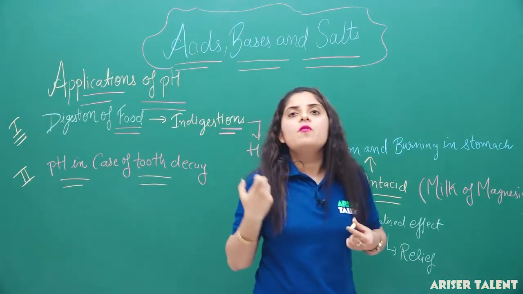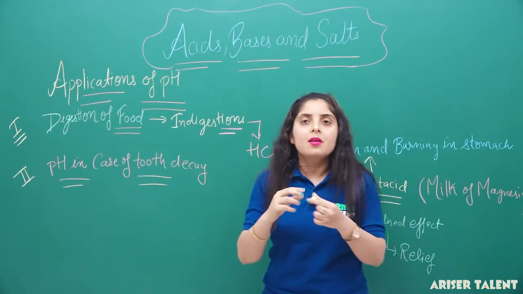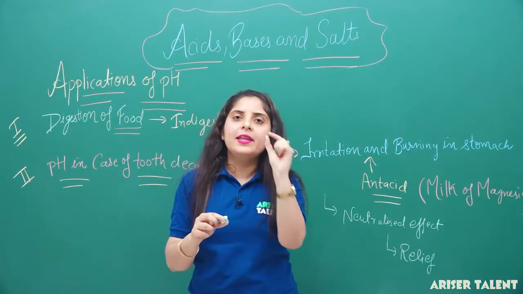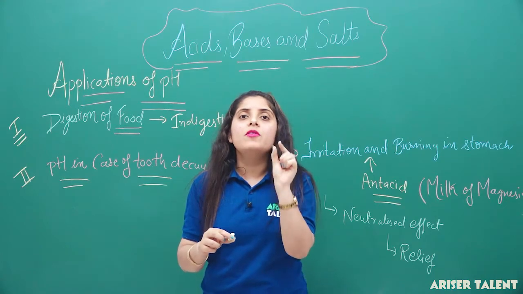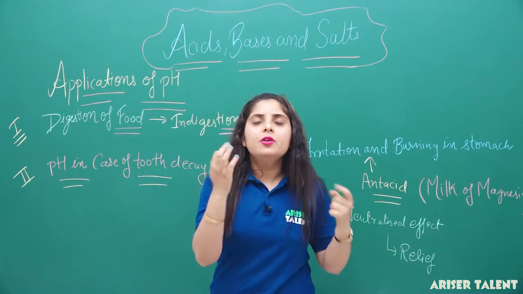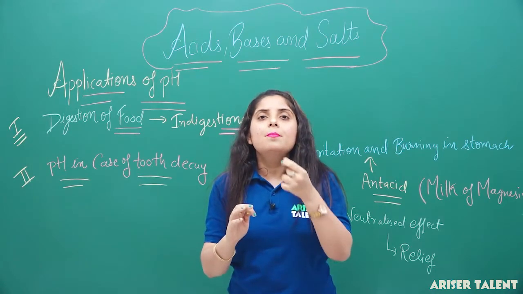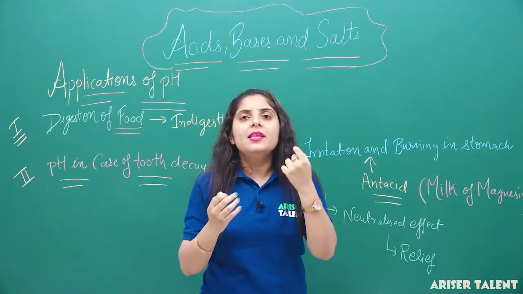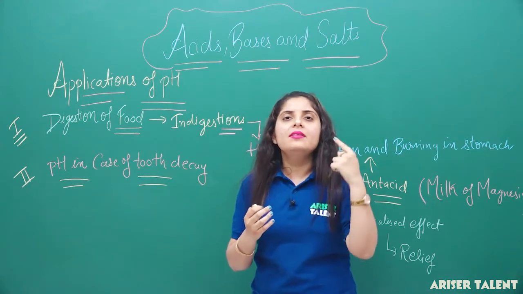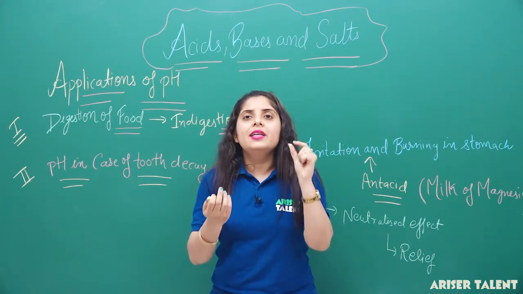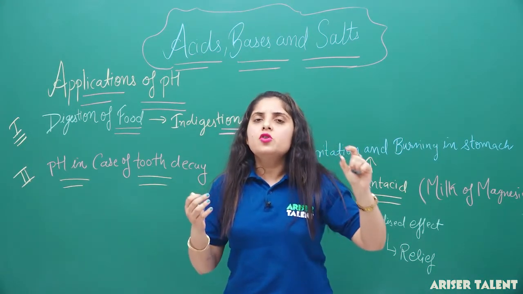Generally, the pH of our mouth will be less than 7, because in our mouth there are teeth, and the teeth have a coating of enamel that is made up of calcium phosphate. This layer will not dissolve in any substance, but if the pH of our mouth falls below 5, there will be corrosion, and this layer will start corroding. Whatever we eat contains sugar, wheat, salt, etc.